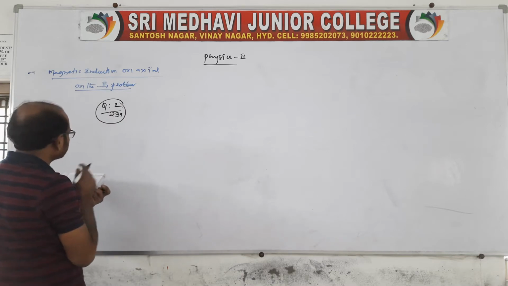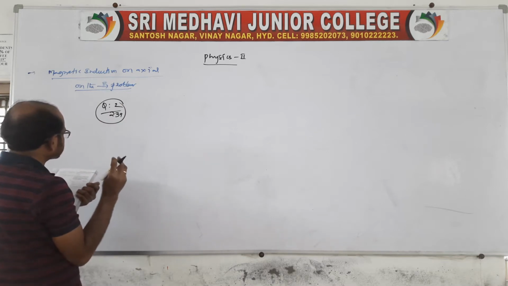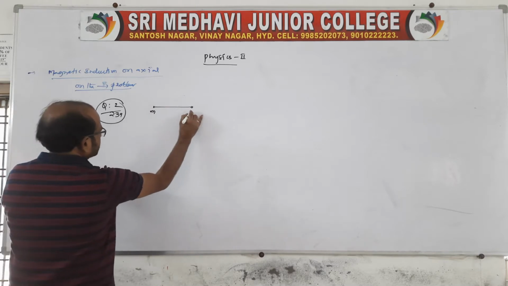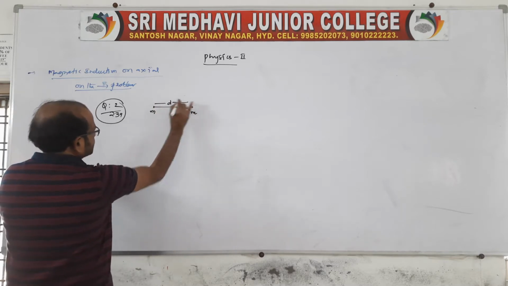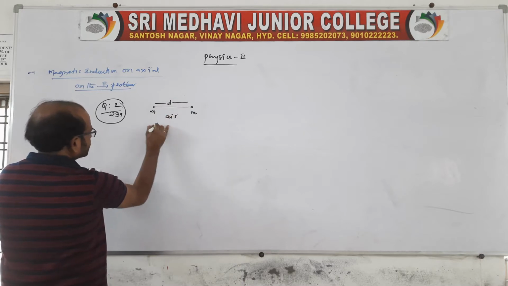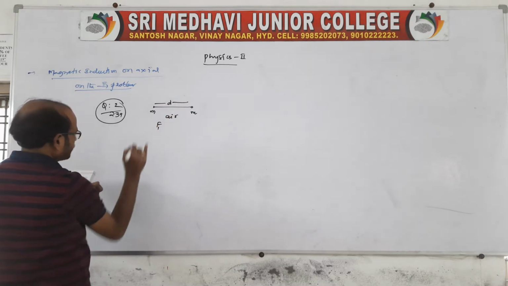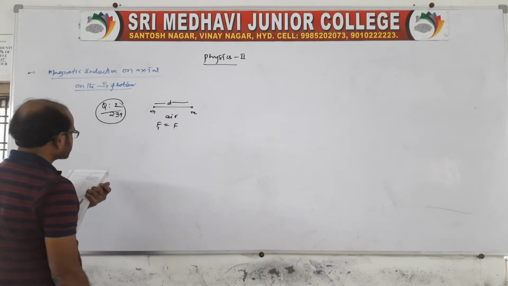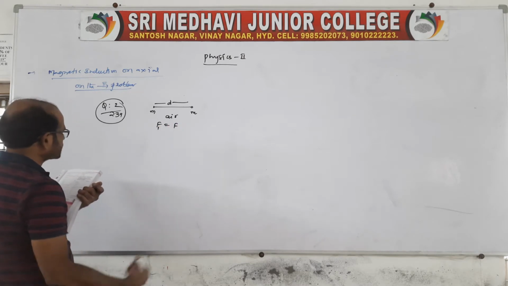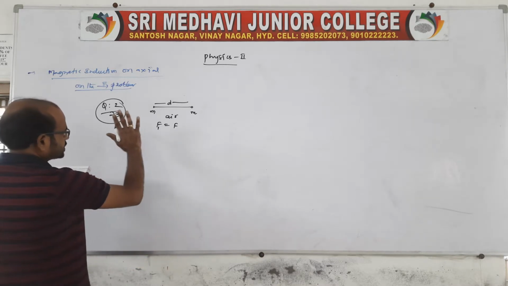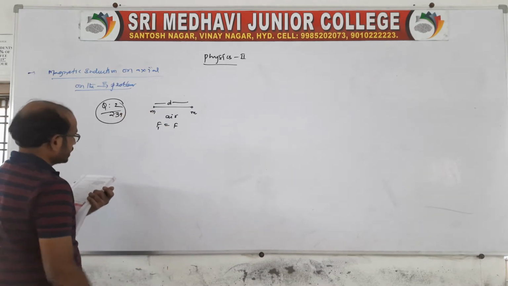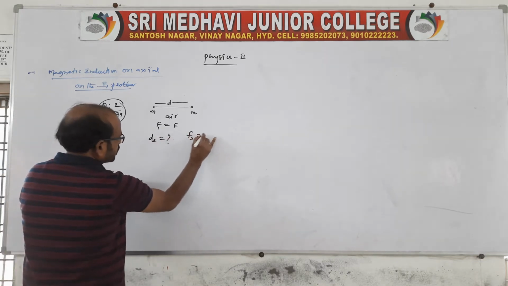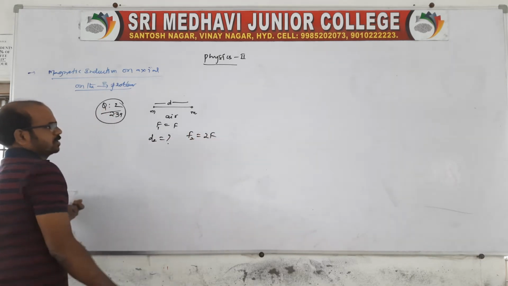The force between two magnetic poles separated by distance d in air is F. At what distance between them does the force become double? If the distance changes, at what distance does the force become double? That we don't know.